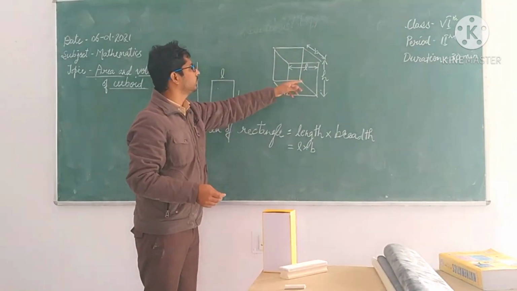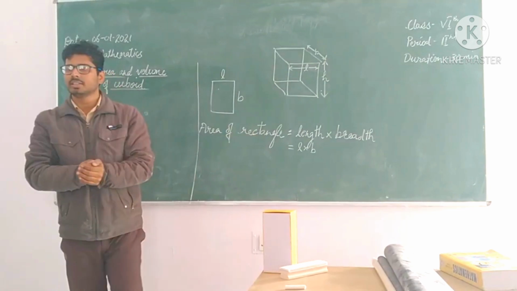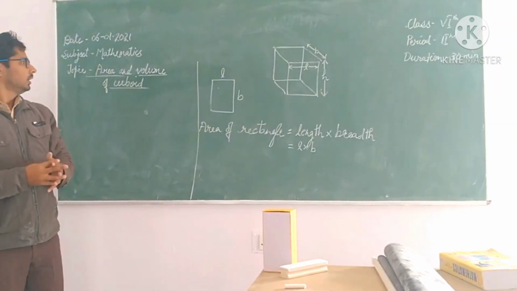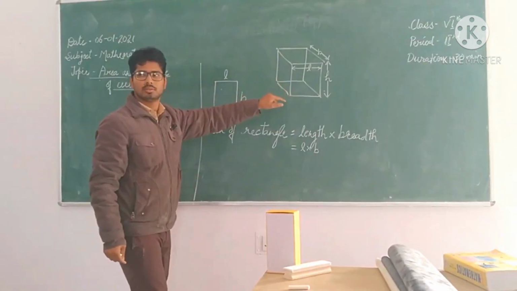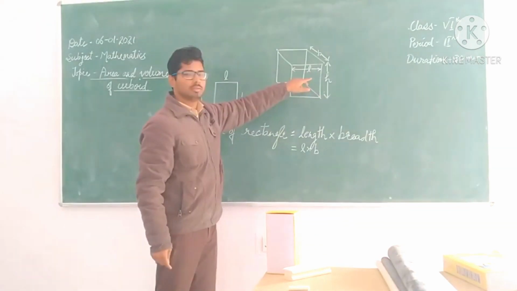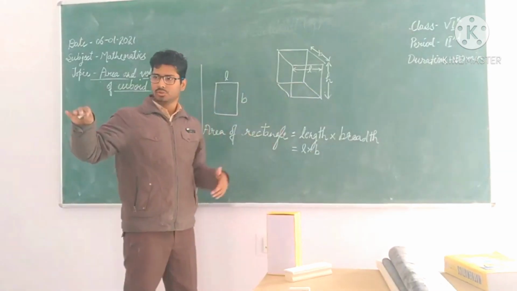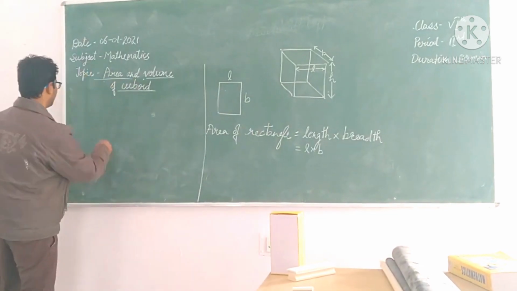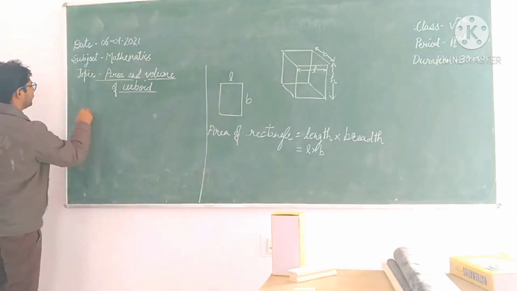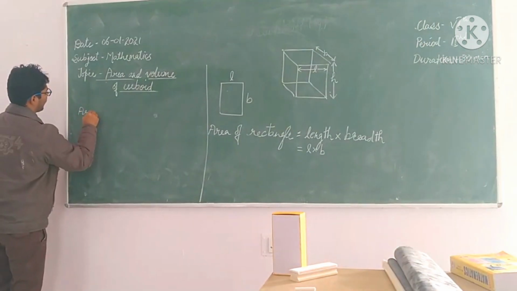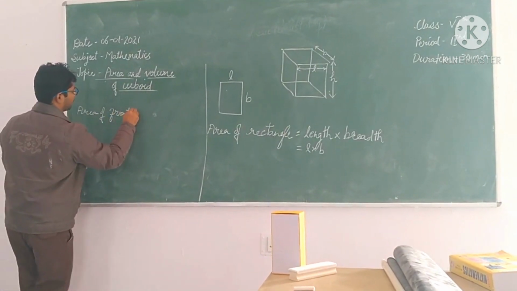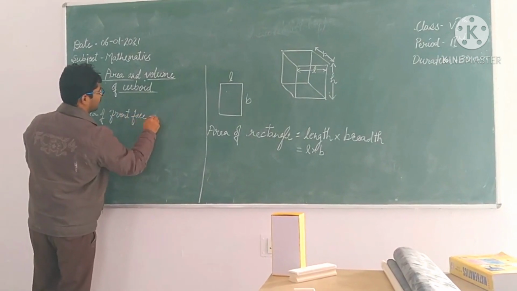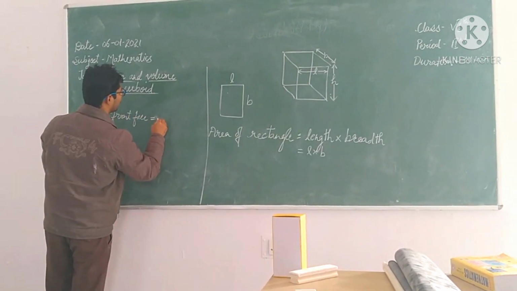What will be the area of the front rectangular face? Yes, Sachin, stand up. What will be the area of this rectangular face? L into H. Sit down. It is correct. So the area of that front face will be L into H, or length into height.